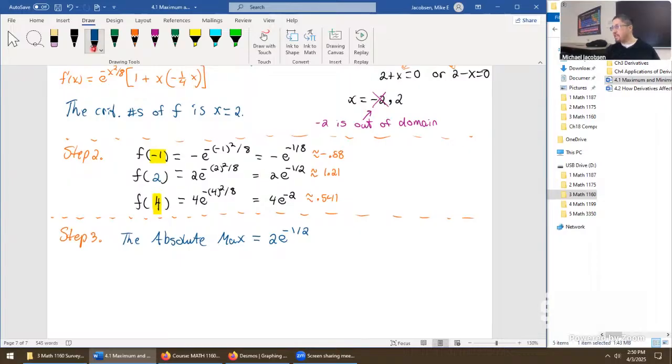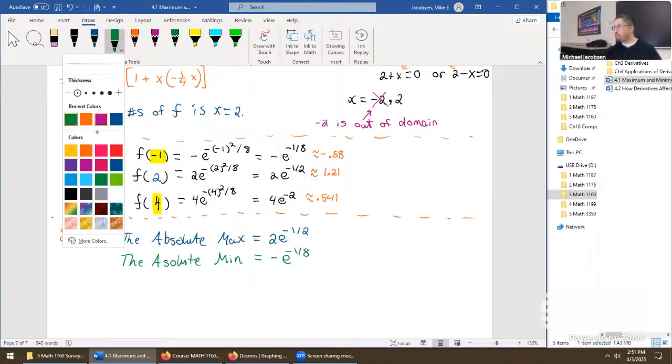Then next, we can say the absolute minimum is going to be this one. If there's a negative in the list, that really indicates it. But notice I'm picking the exact values, negative e to the power of negative 1/8.